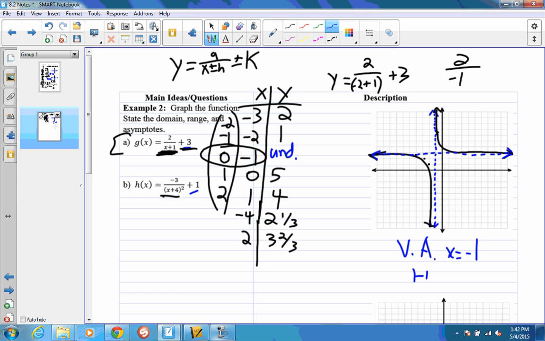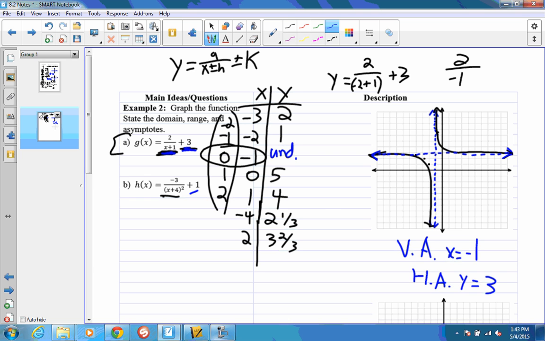So I have a horizontal asymptote at y equals 3. This question didn't ask you how this compares to the original graph, but you could tell me it's moved to the left 1 and up 3. It's not a requirement, but you could have told me just by looking at the +1 and the +3, so I'm going to change the sign and move back 1 and up 3.